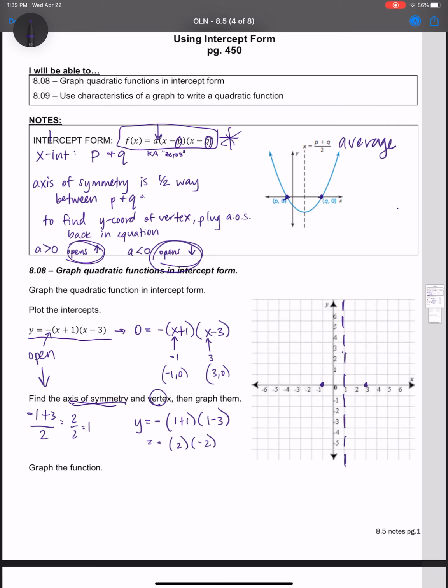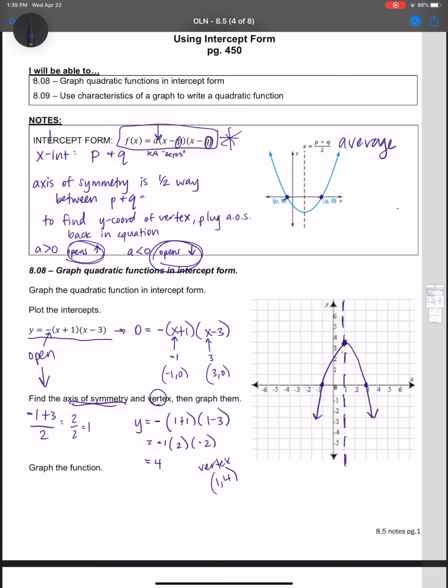So a negative times 2, so think of this as a negative 1. Negative 1 times 2 is negative 2, times another negative 2, well, that is 4. So your vertex is at 1, comma 4. And remember, so 1, 2, 3, 4. It opens down. And that would be your graph.